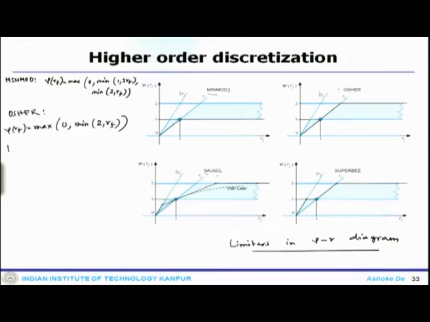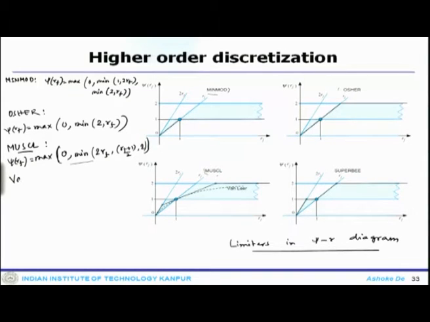If you look at the Marshall, psi Rf equals max of 0, minimum of 2 Rf, comma, Rf plus 1 by 2, comma 2. So, this is between 3 parameters. That is how the Marshall limiter works, and in between that there would be the Van Leer limiter.